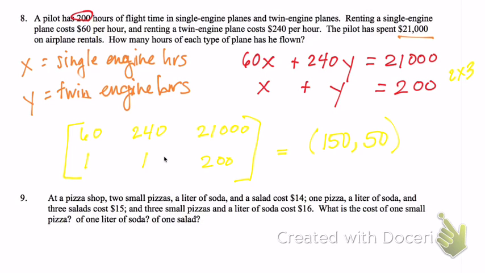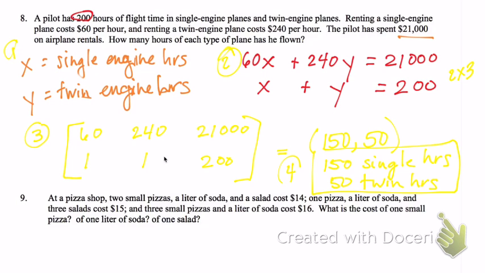So in the context of this problem, 150 single hours and then 50 twin hours. So these would be the steps that you go through. You define your variables, that's step number 1. You set up your system. Step number 2, create a matrix. Answer the problem in the context of whatever the question is talking about.